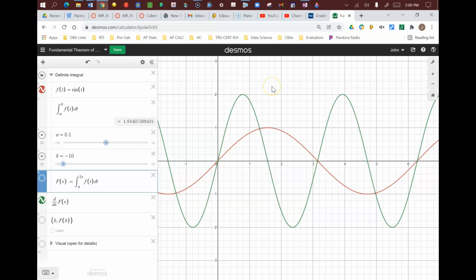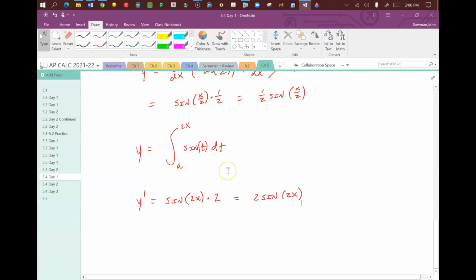And if you look at the red function, it's the sine function, and the green function is 2 times the sine of 2x, which is a vertical stretch by a factor of 2 of the sine function, and it's a horizontal shrink by a factor of 1/2 of the sine function. So again, confirming what we figured out analytically.